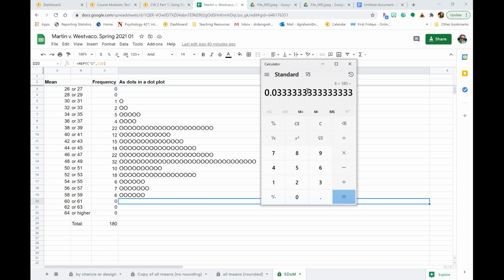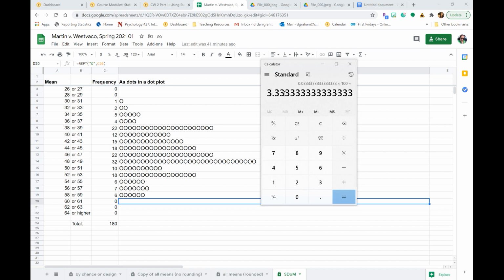I always find it easier to think about probabilities and proportions as a percent. So if we multiply this by 100%, it may help to think of it as 3.33%, or a little under 3.5%.